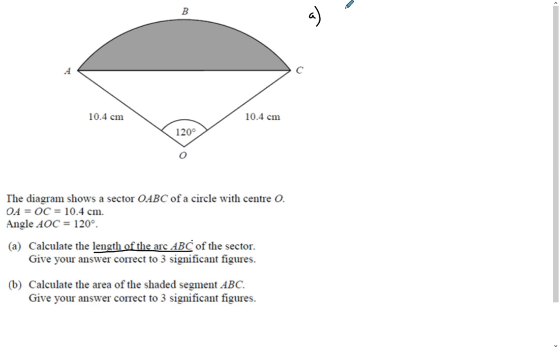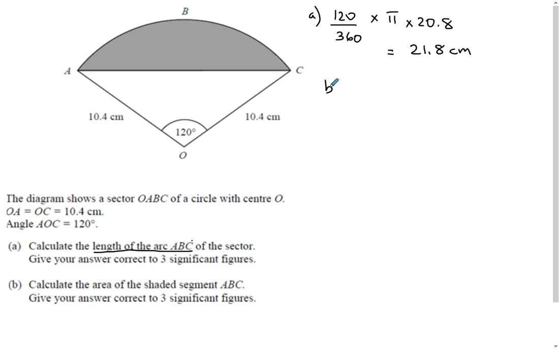What fraction of the circle is it? It's 120 divided by 360 times the circumference. So we've got pi times 20.8, which gives you 21.8 centimeters. So that's the length of the arc.